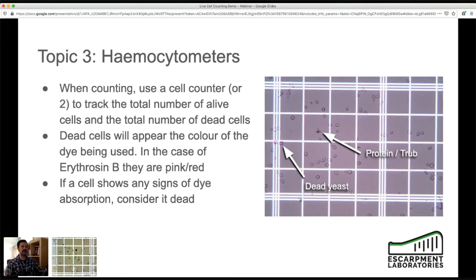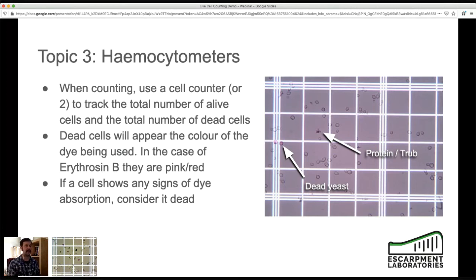I showed this already in the video stream, but here again is a picture to show you what dead yeast look like, and also there are other things that will come up on there. You will get protein and trub that show up. Yeast look like little circles.